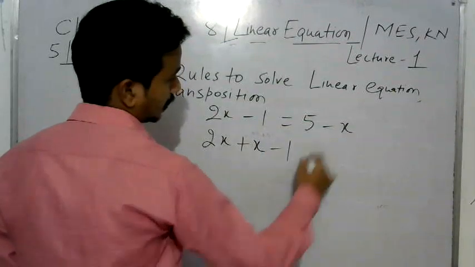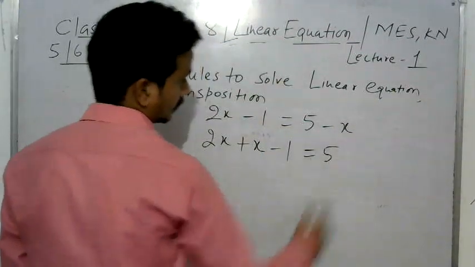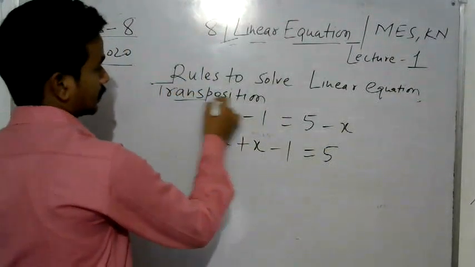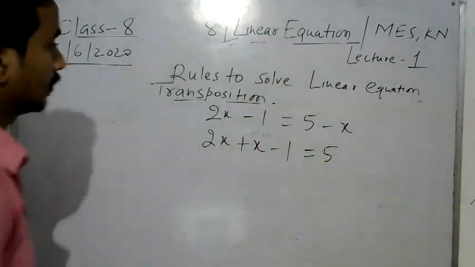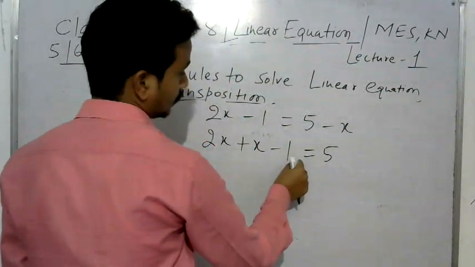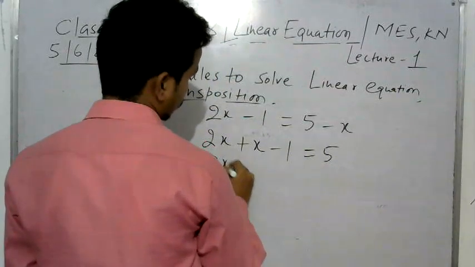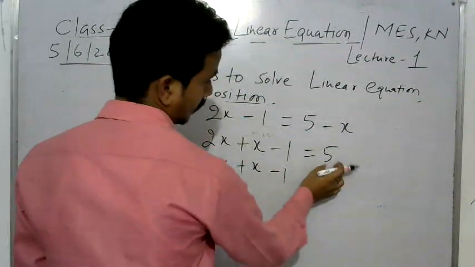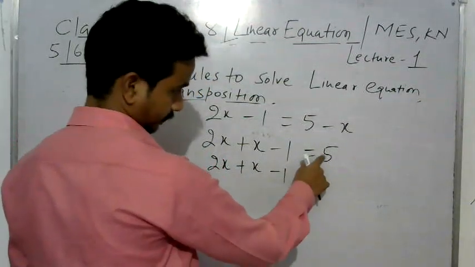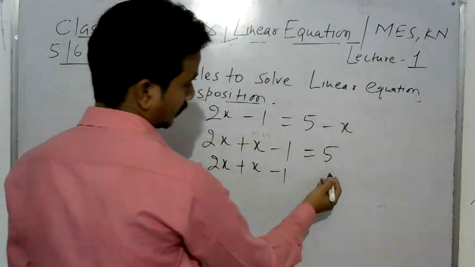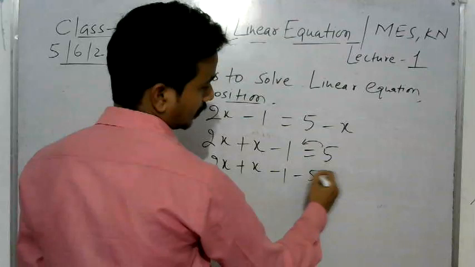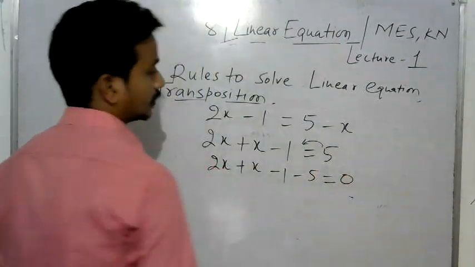So 2x plus x minus 1 equals 5. This is called the rule of transposition. Suppose I have to move 5 from right to left, then the sign will change. Here the sign of 5 is plus. When it comes this side, it will become minus 5 equals 0.